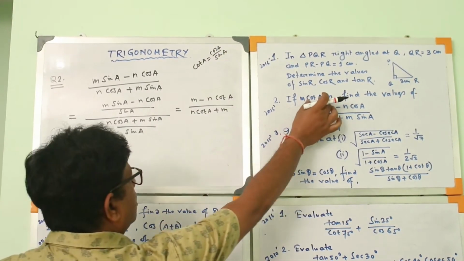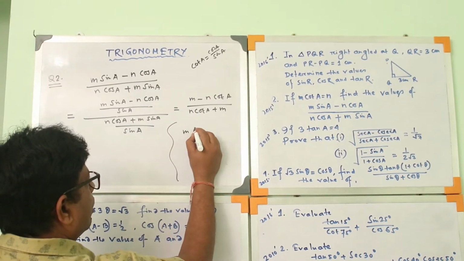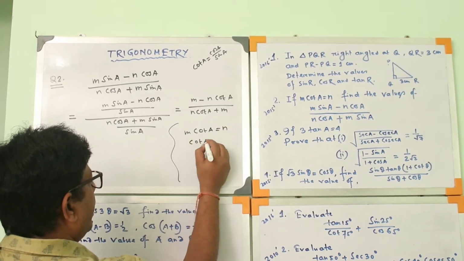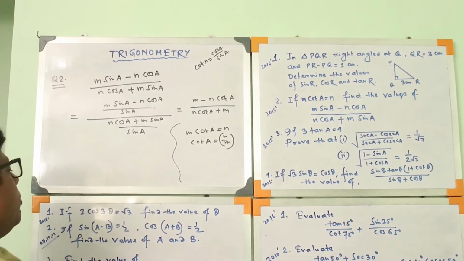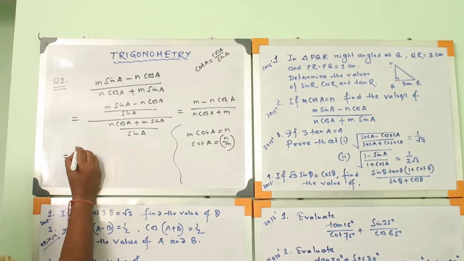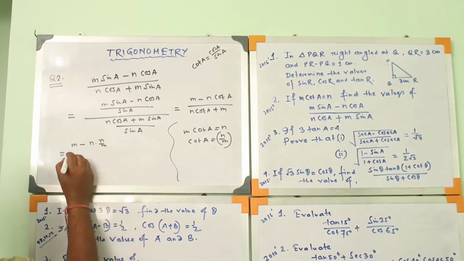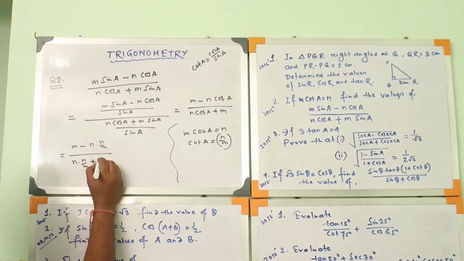So from the first equation, m cot A is equal to n. So what will be the value of cot A? Cot A value is given as n by m. So by putting these values, we get m minus n by m, n plus m.